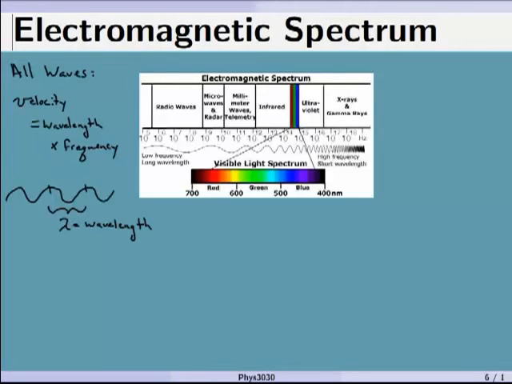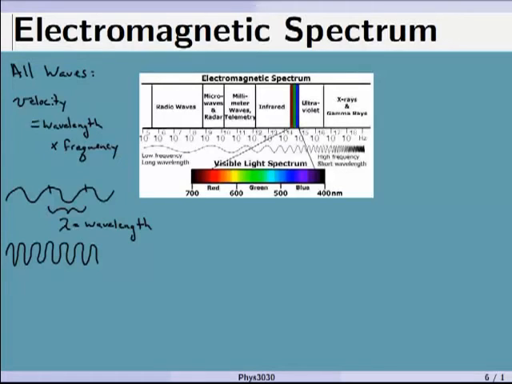If something is passing by you faster and faster, then you have something that has more and more humps to it. You see that there's a relationship between the frequency and the wavelength. The wavelength gets smaller when the frequency gets bigger, and frequency, again, is the faster something happens.